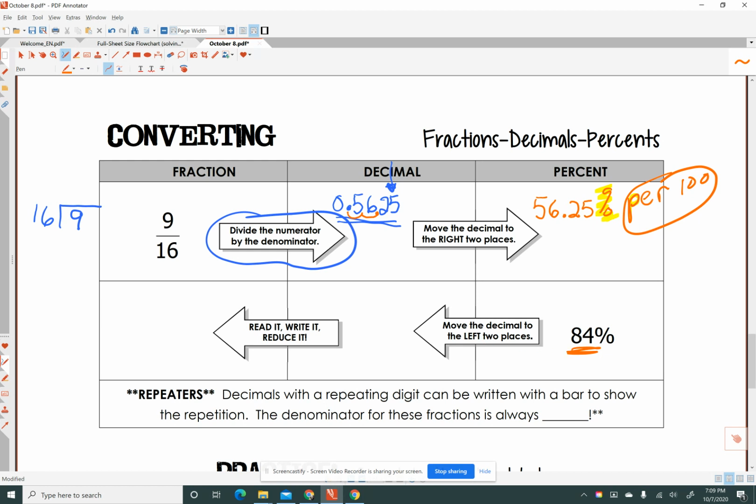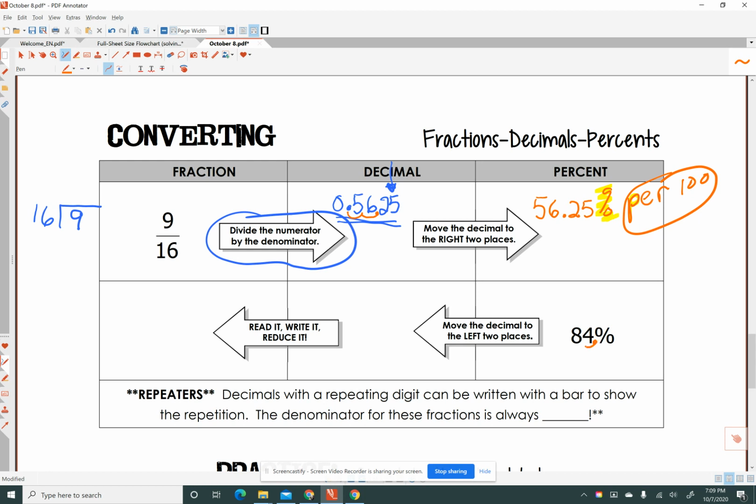Well, where is the decimal? Let's go back. If you remember from our lesson at the beginning of the term on imaginary ones and invisible numbers, there's an invisible decimal point to the right of every whole number.